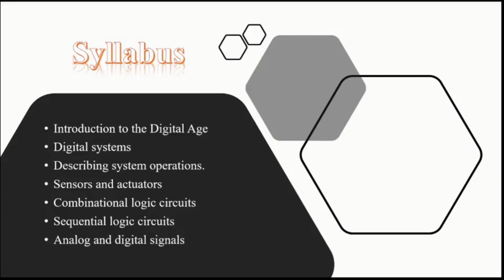And also I will talk about the binary systems, binary numbers, decimal, octal numbers, and hexadecimal numbers. And you will learn about all of these phrases and terminologies. After that, I will talk about the operations of systems and describe the system operation. I will talk about the block diagrams and so on.